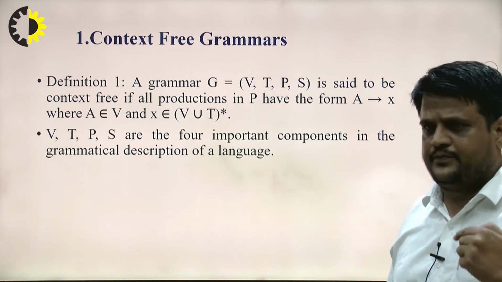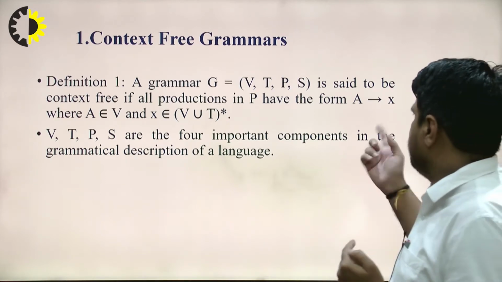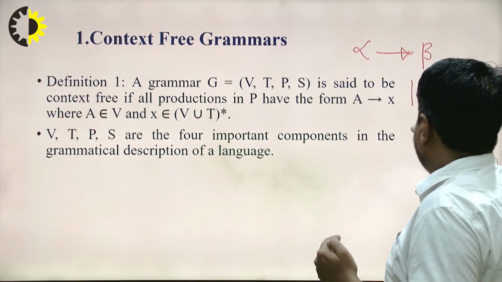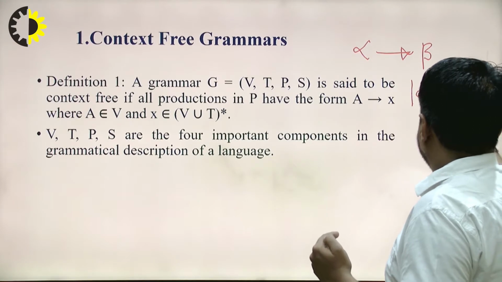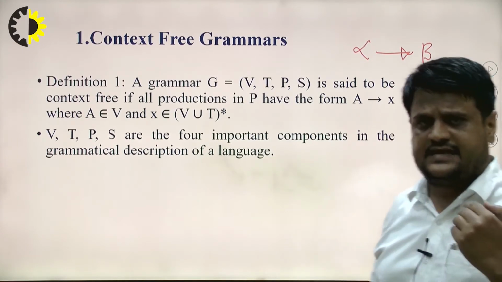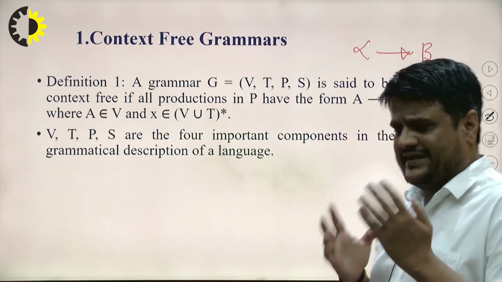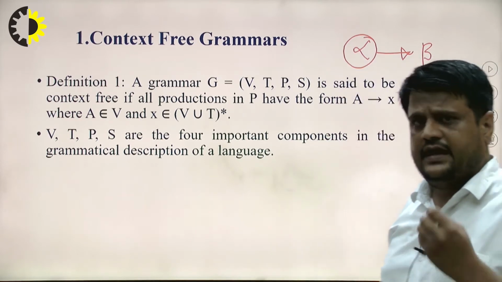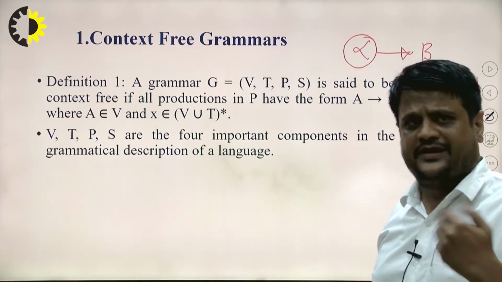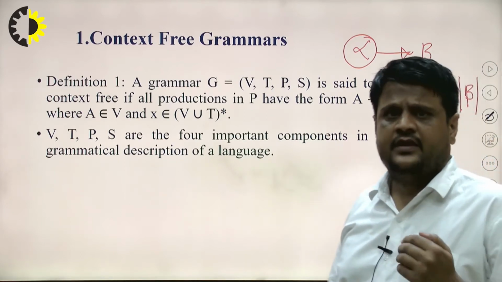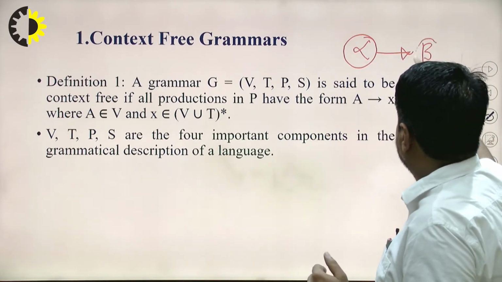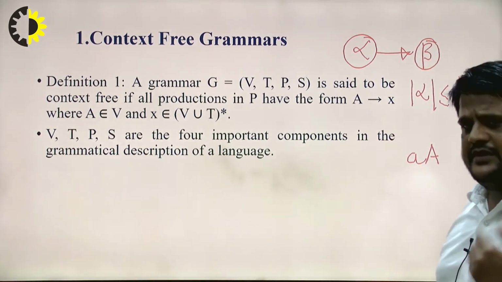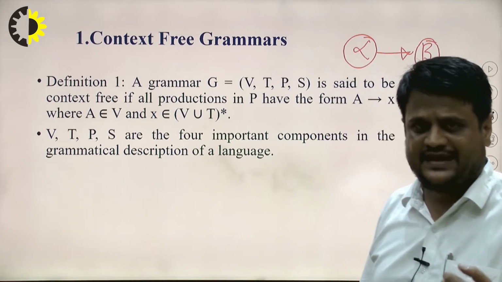If we impose a restriction like alpha tends to beta, where length of alpha is less than or equal to length of beta, then this grammar is a context-sensitive grammar. If we impose a third restriction, that the left-hand side alpha contains only a single non-terminal, then the grammar is a context-free grammar, type 2 grammar. And if we further restrict beta to be a terminal followed by a non-terminal, then the grammar is a regular grammar, which was discussed in the previous lectures also.